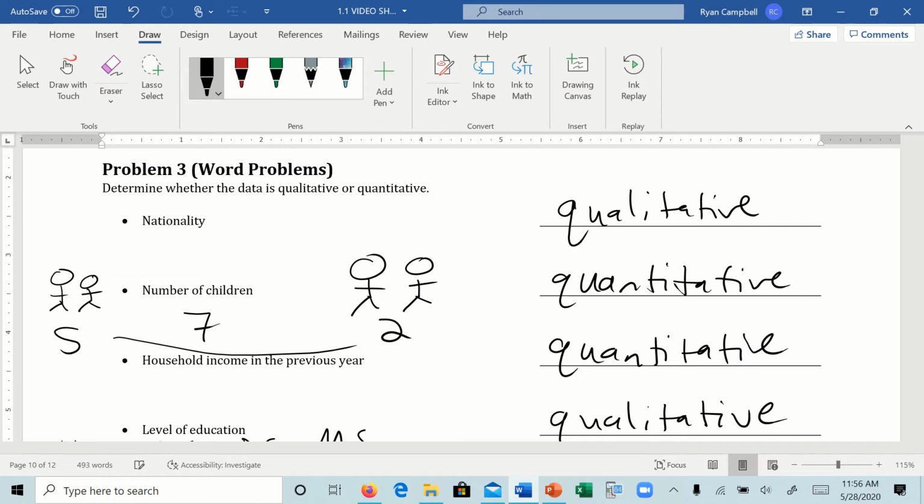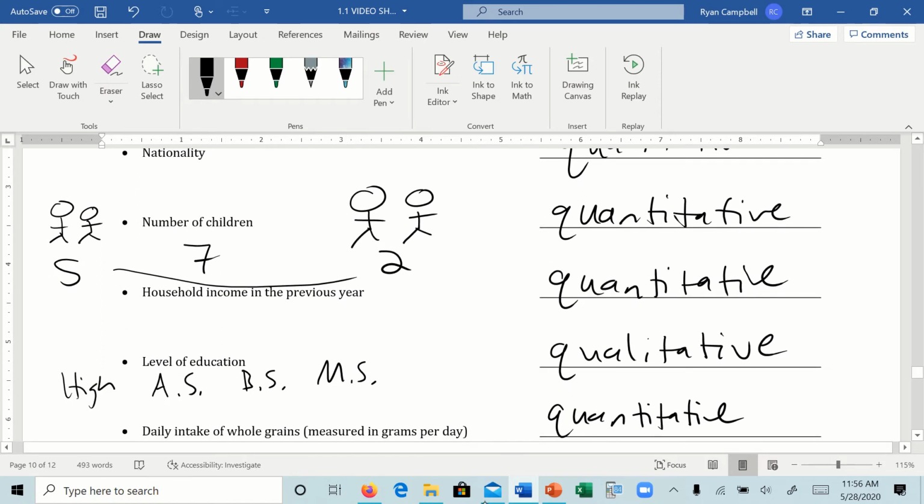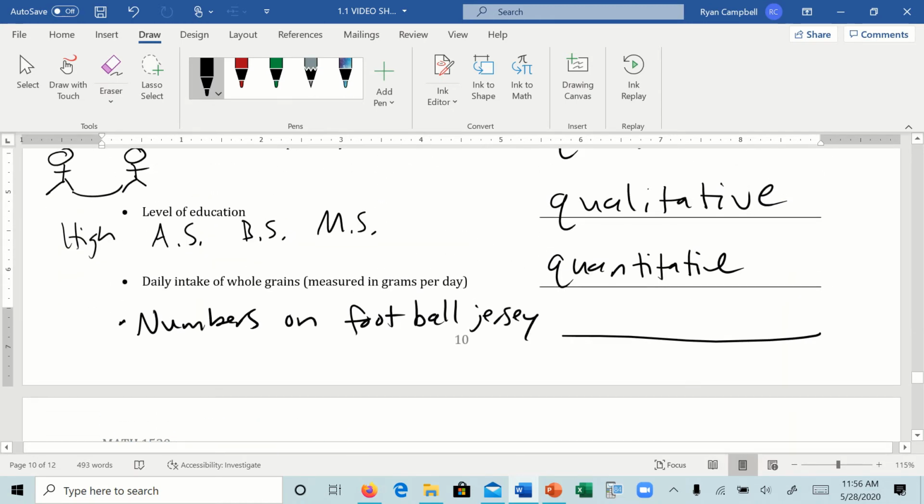That makes sense. Let's think of household incomes. That also makes sense adding them up. One person has a certain amount of money, another person has a certain amount of money. If you add those two together, that makes sense. But let's go to football jerseys. If someone has the number 20 and someone has the number 53, if you add those two together, you get 73.